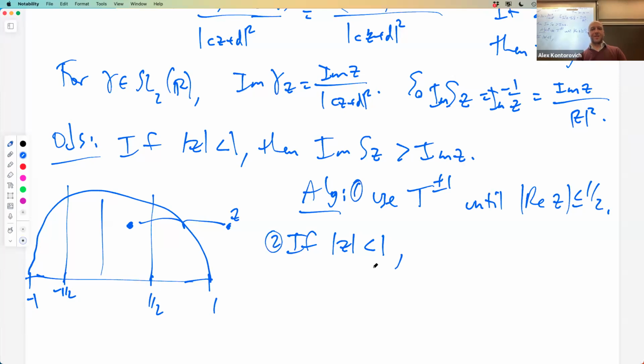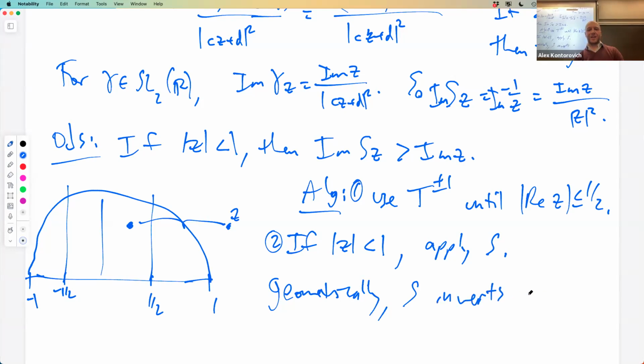Step 2: if inside the unit circle, I'll apply S. Now, what does S actually do geometrically? Let me leave it as an exercise for you: what S does geometrically is it inverts in the unit circle.